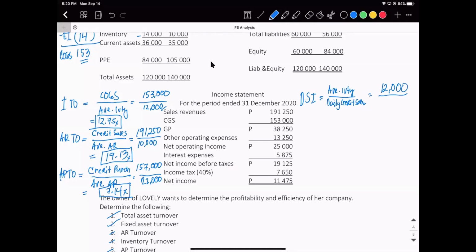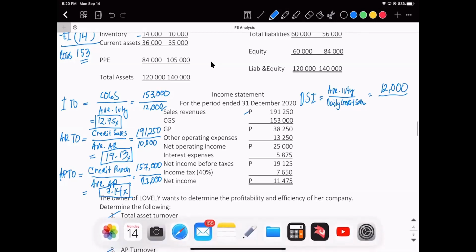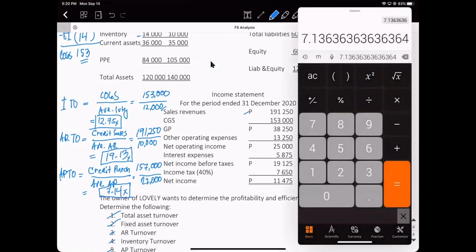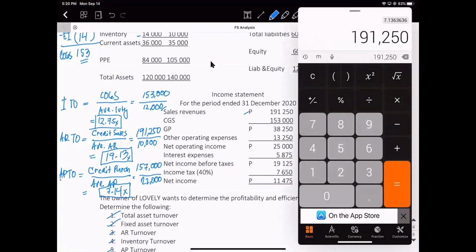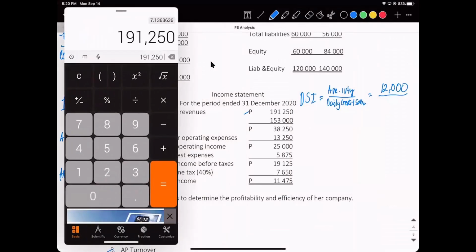Of course, we're going to base our computation on the total credit sales revenue for 1 year, 191,250. Since we are computing daily, what do we assume, 360 or 365 days?